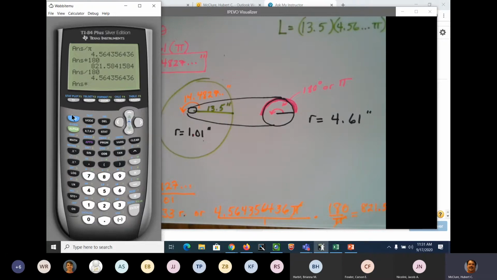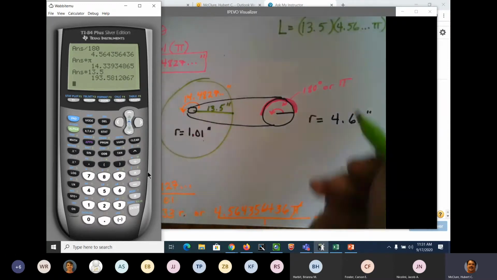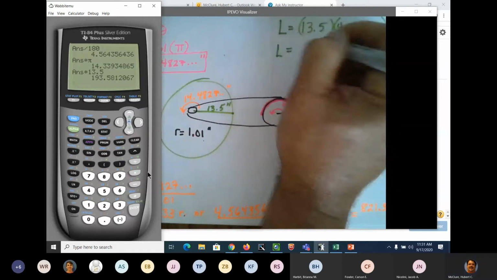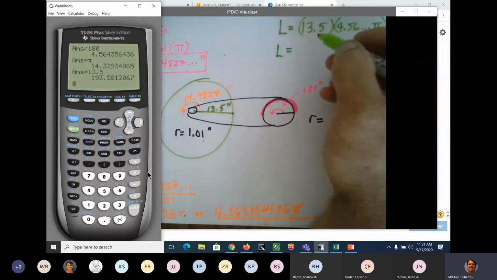Sorry, I'm doing it backwards. Times pi, there we go. Times 13.5. So that wheel has moved 193.58 inches.